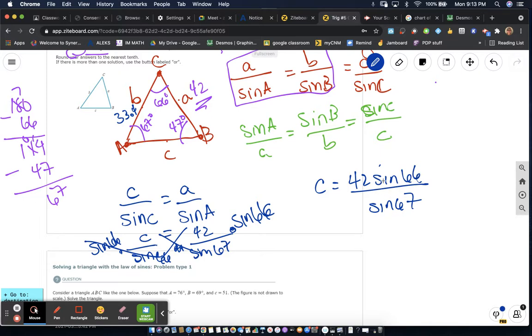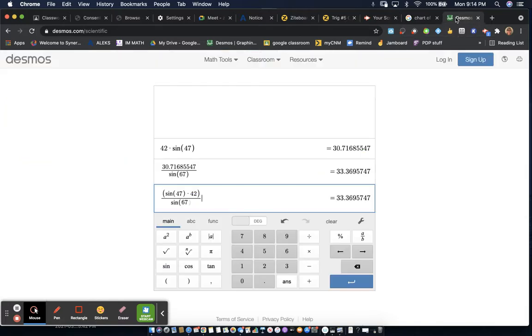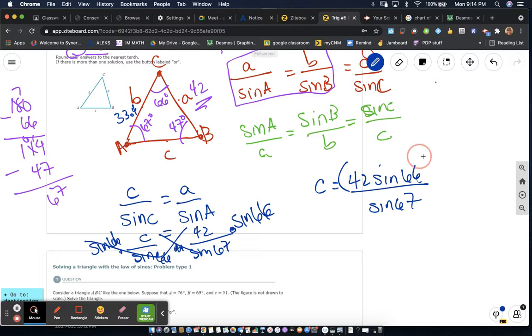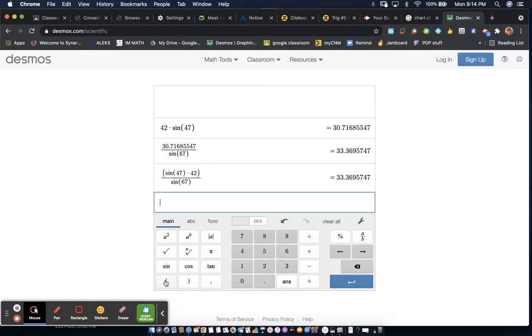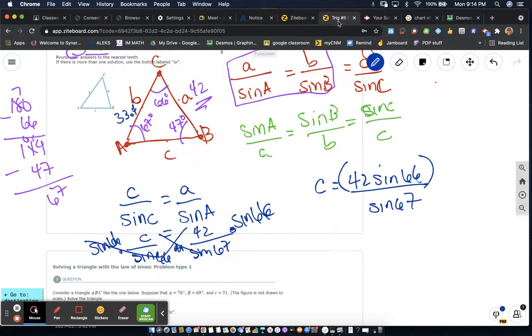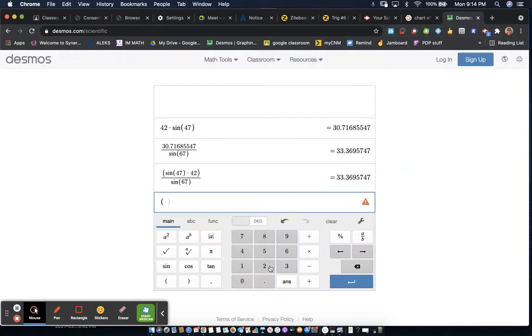Basically what you want to do is put this in parentheses on the top. So when you enter it in your calculator, you want to do parentheses, and then 42 times sine 66. I hope I didn't make any mistakes.